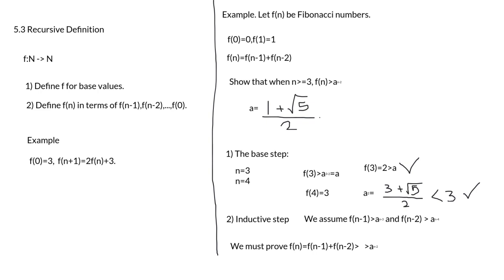We have proved our statement for all numbers less than n. So we can say that f of n minus 1 is greater than a to the n minus 3, and f of n minus 2 is greater than a to the n minus 4.